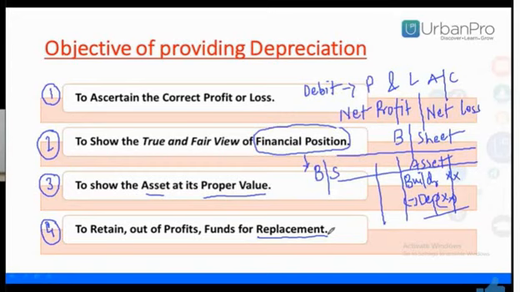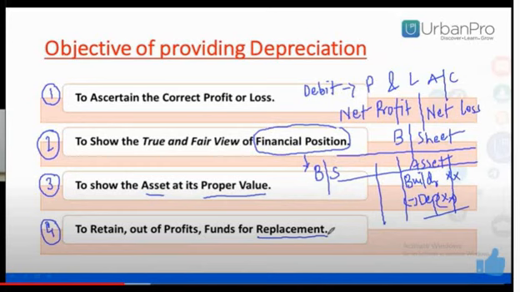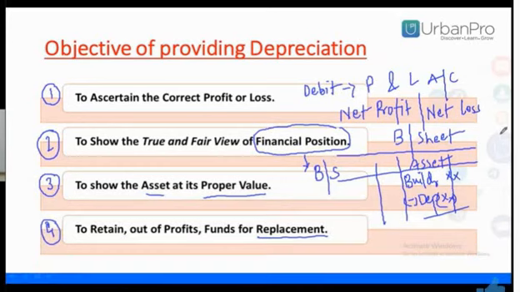For that, you require funds. So you should charge 10,000 rupees every year from your profit, so that after 5 years you have the money for replacement of the asset. So this is the reason we charge depreciation. I hope all four objectives are clear to you.